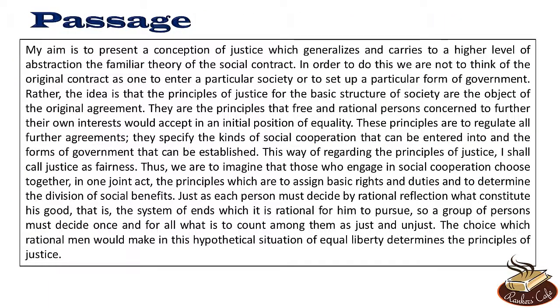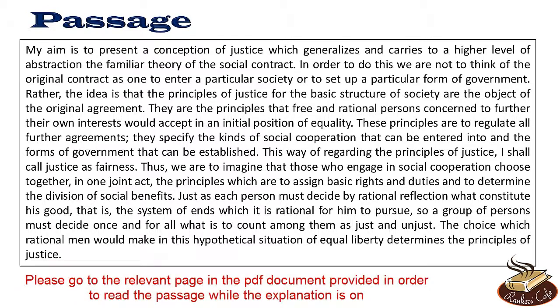Now, in the given passage, let us see how transition words help in developing the logic of the writer's argument. The first line is where the author declares his aim, which is to present a particular idea of justice.